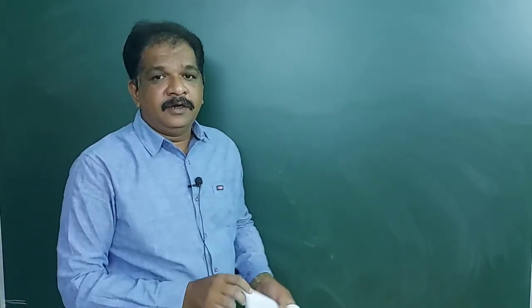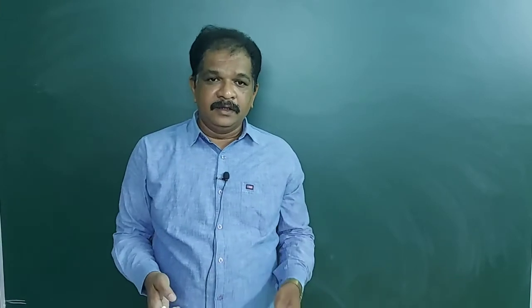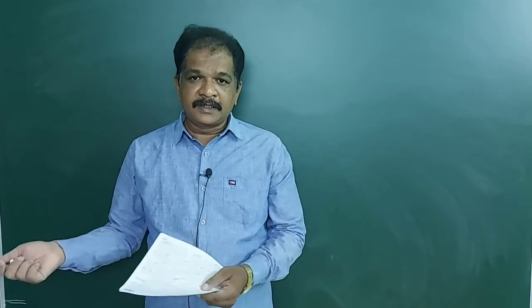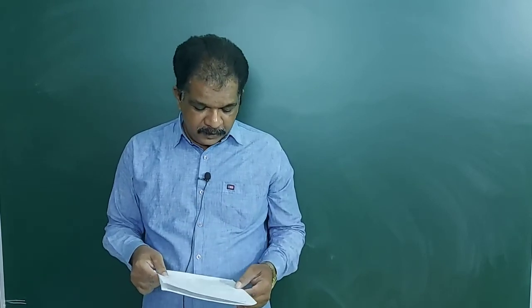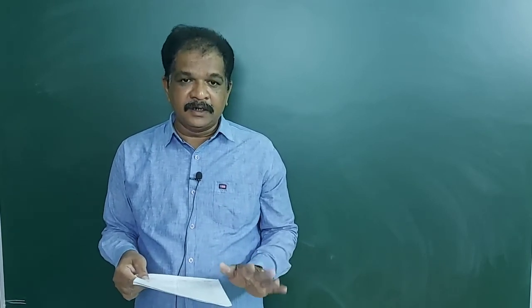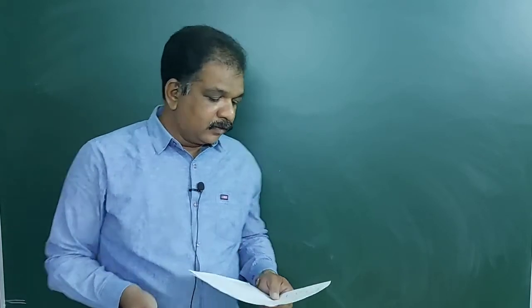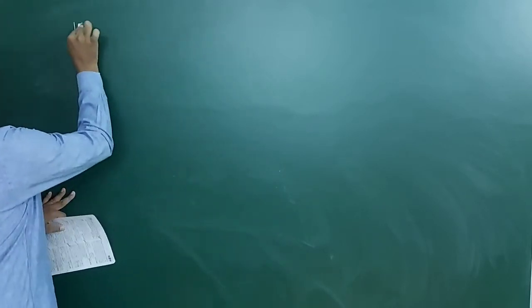Next, see the 10th one. Totally there are 48 CET and NEET problems in this chapter. 16 we will do, and in 3 sessions we will try to finish. In this class we will discuss up to 16 and stop. 10th question, what are they asking, see.